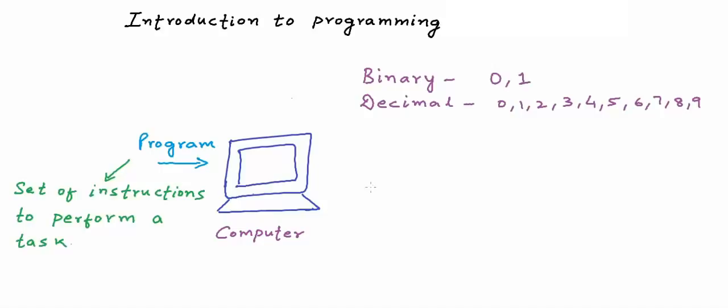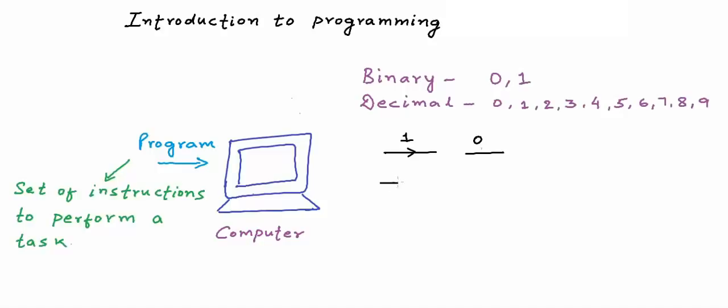So why does a computer understand binary? Or rather, why are computers designed to understand binary? The reason is, binary is really easy to simulate in the actual physical design of things, in real hardware. A computer is an electrical device, and it's really easy to create the logic of 0 and 1 in an electrical circuit. For example, if current is flowing through some wire, we can say that it's a 1, and if current is not flowing, we can say that it's a 0.